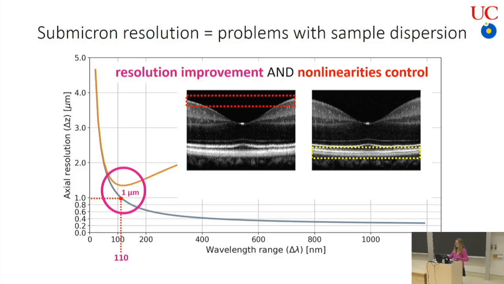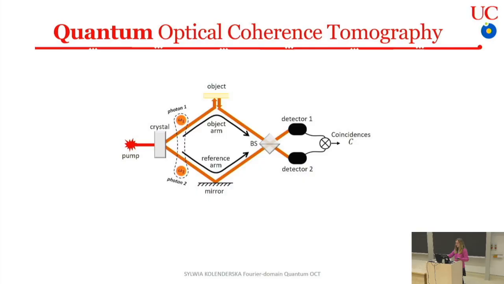So that is why quantum OCT balances resolution improvement and nonlinearities, so the effects of chromatic dispersion.